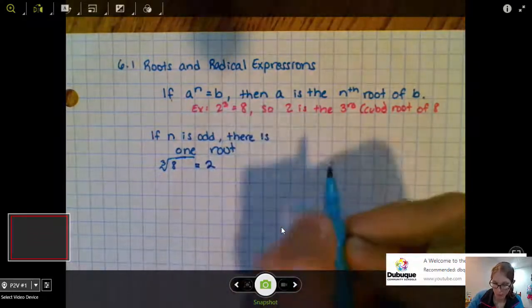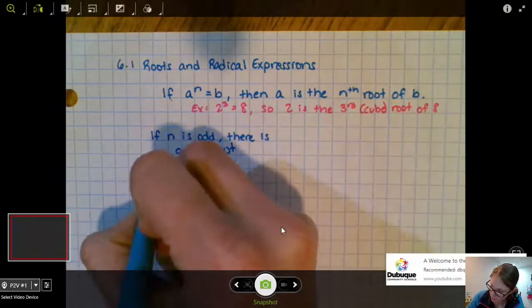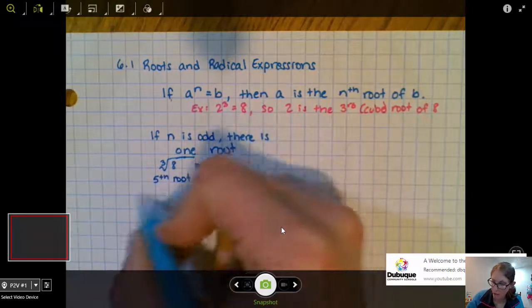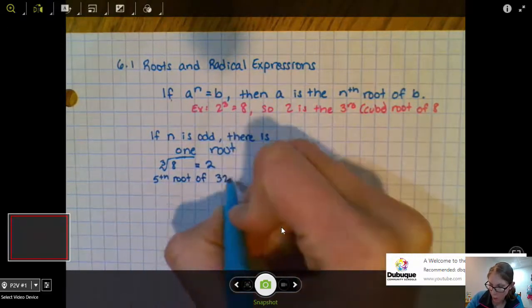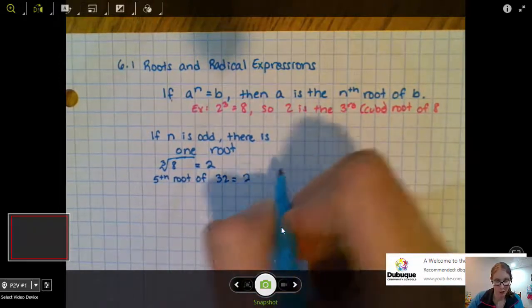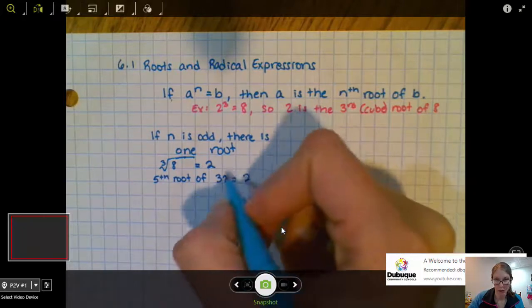And it's 2. Kind of along the same lines here, the fifth root of 32, what to the fifth power gives me 32? It's only 2. Negative 2 would give me negative 32 here.